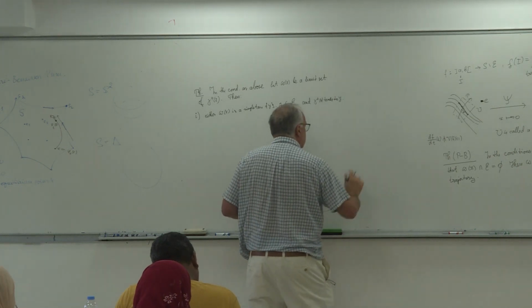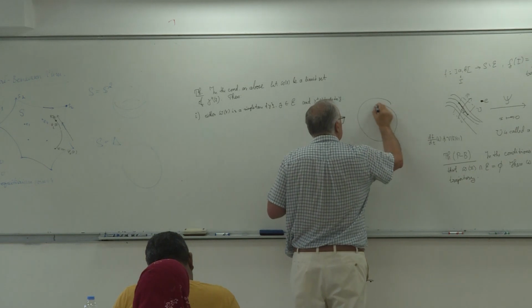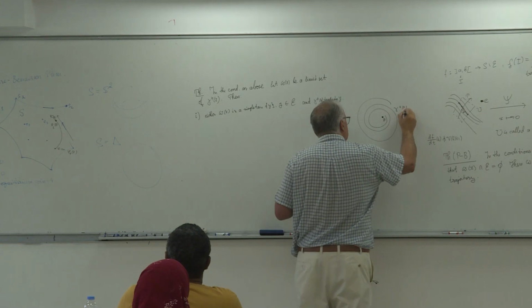Well, you have a picture like this. This is your y, and this is a spiral which goes to y. This is your gamma plus of x.